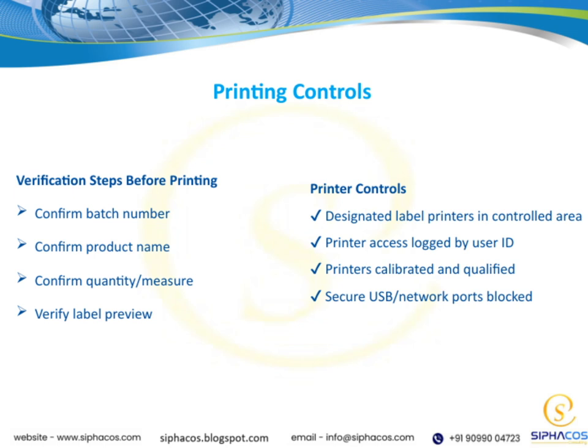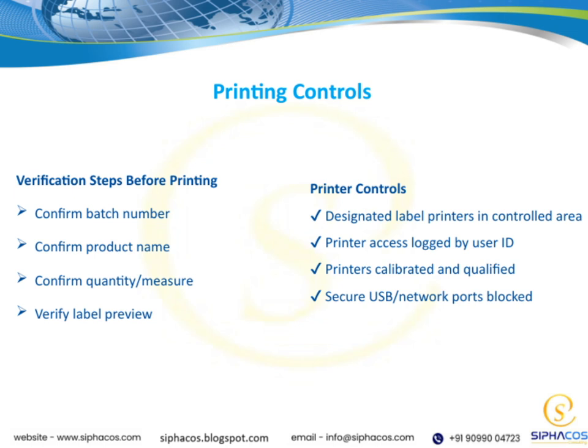Moving on to the verification steps before printing, it's vital to confirm the batch number. This ensures that the labels correspond to the correct production batch. Then, we verify the product name, making sure it matches what we intend to label. Next, we check the quantity or measurement on the label to avoid any discrepancies. Finally, it's important to review the label preview.